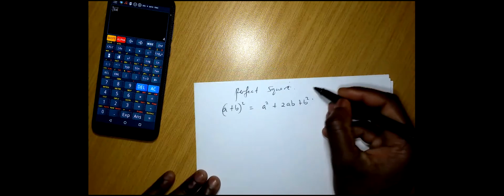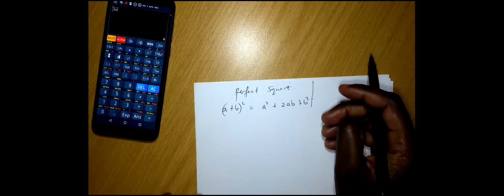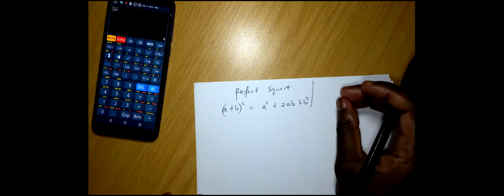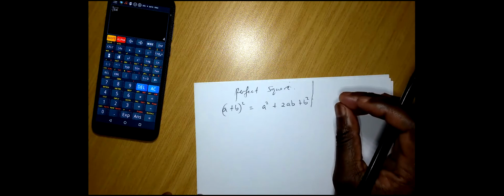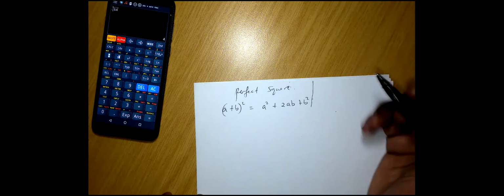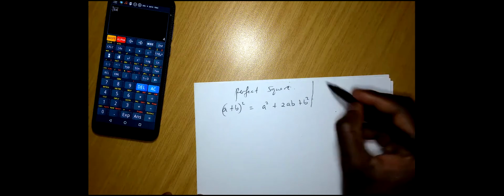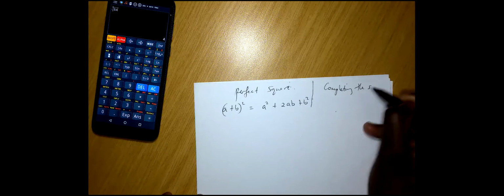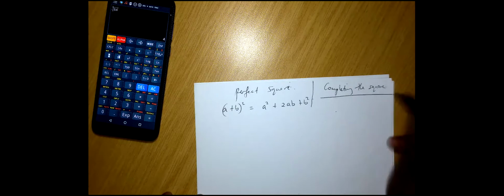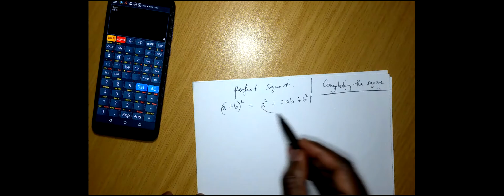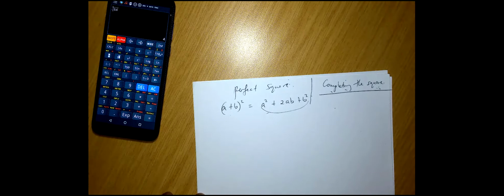Sometimes you need to have a perfect square. If we check part of analytical geometry, grade 12, where you're dealing with circles, with the equation of a circle, you need to do what you call completing the square. I've explained this. So here is a perfect square, and you need to convert what we have here into a complete square.